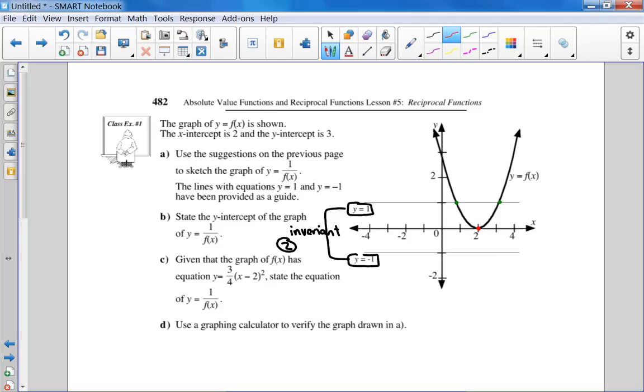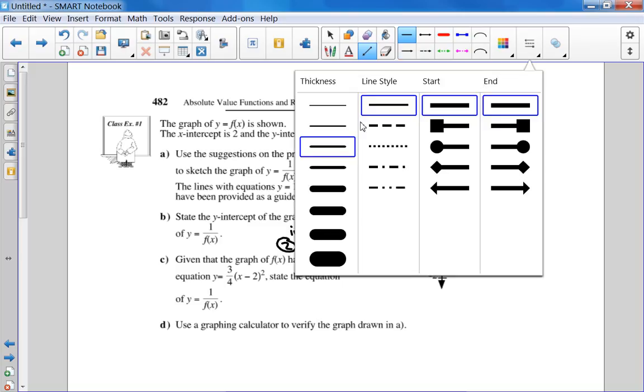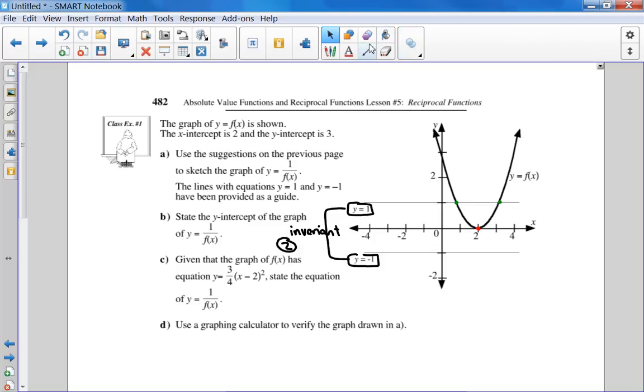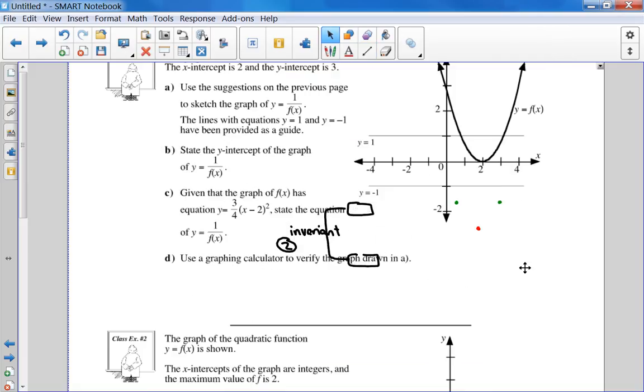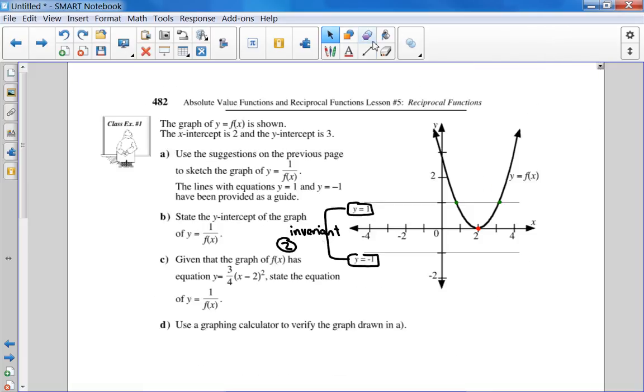You say 3 at 2. So what can we do at 2? And use your ruler or your ID card or something. What can we do at 2? Yeah. Vertical asymptote. Oh, I hate this stupid smartboard.